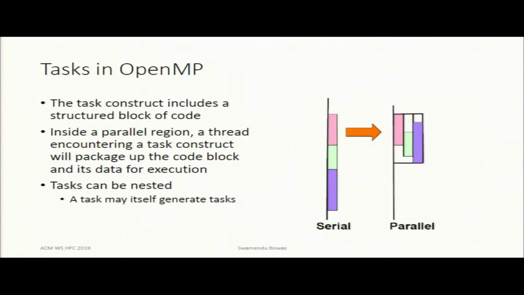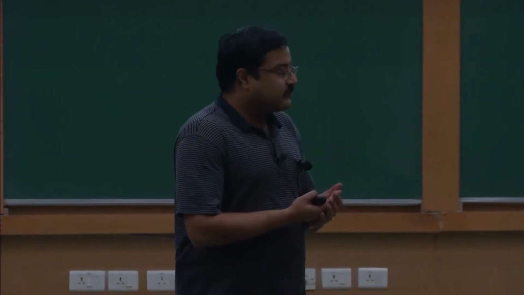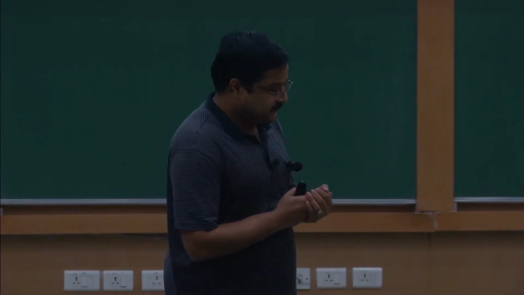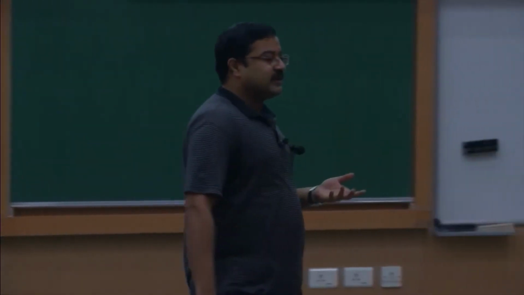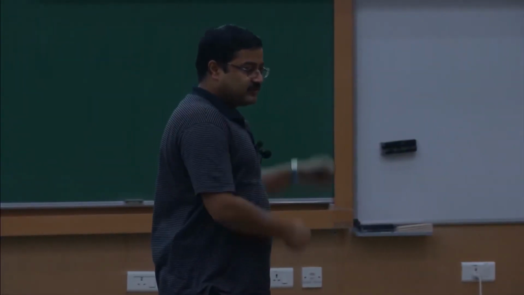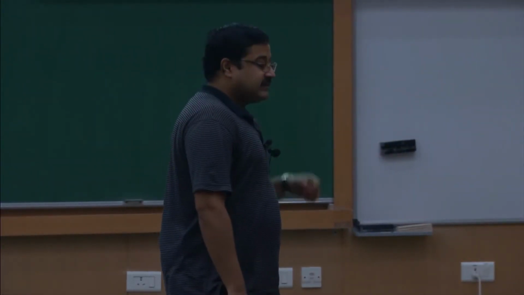Is there any case in which thread-based parallelism would be better than task-based parallelism? Yes, there could be cases, depending on the kind of application you are processing. Task-based parallelism also has some overhead from the runtime, because the runtime has to deal with this.